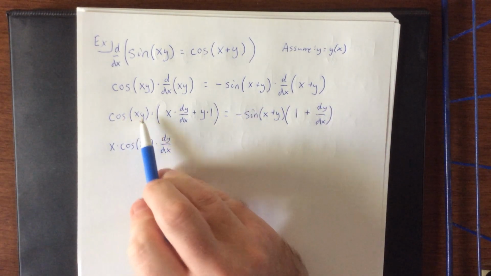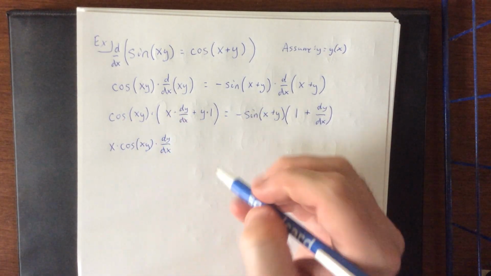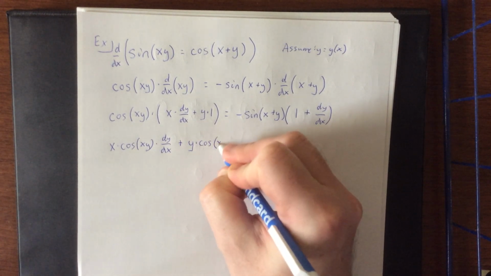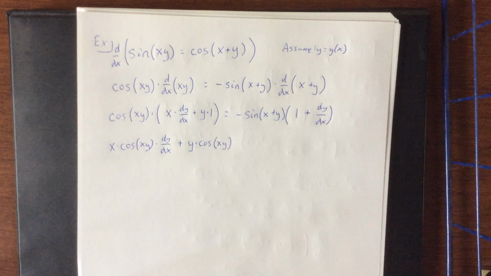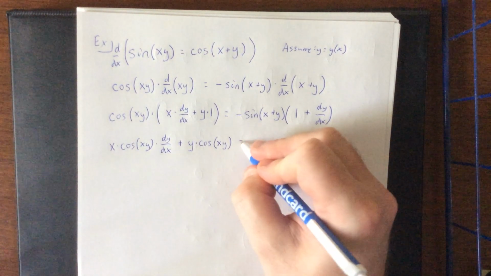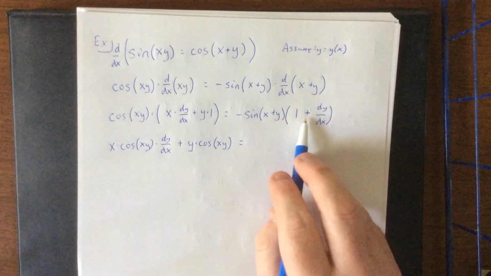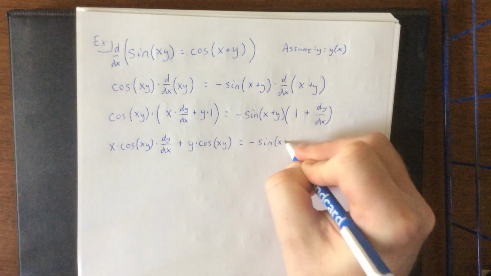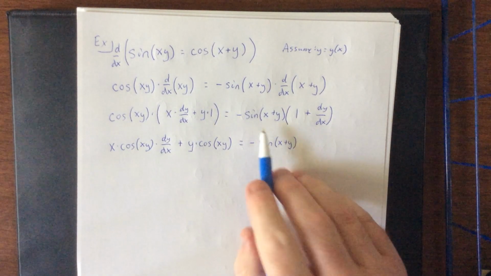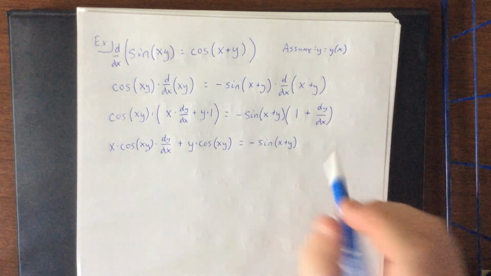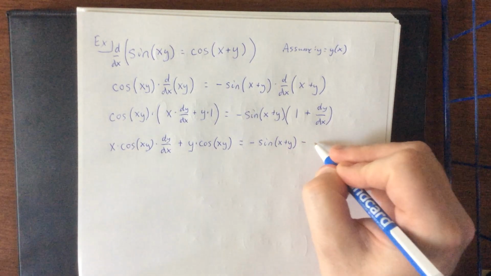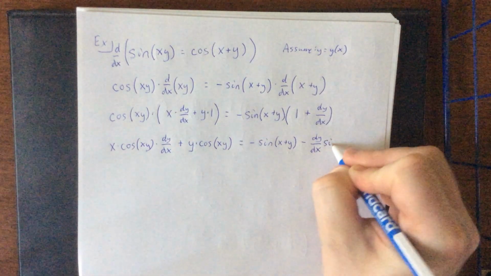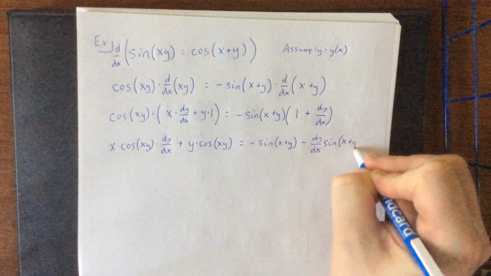That's distributing the cosine of xy to these two factors here, plus y times the cosine of xy. On the right-hand side, we'll distribute the negative sine of x plus y to the 1. We'll get negative sine of x plus y. And distributing to the dy over dx, we will get minus dy over dx times the sine of x plus y.